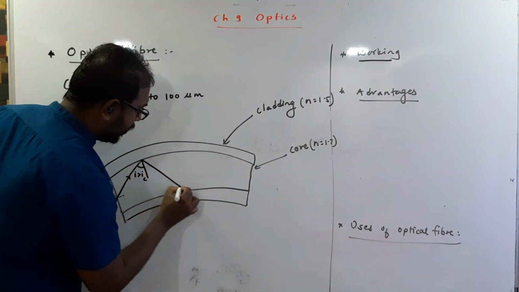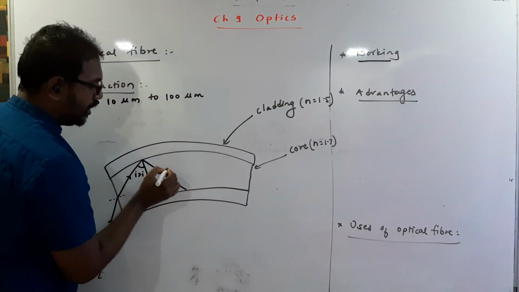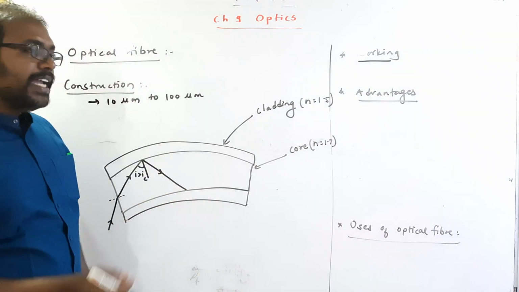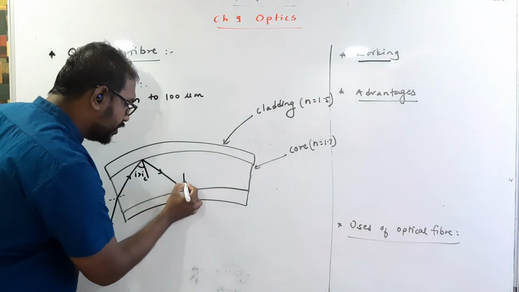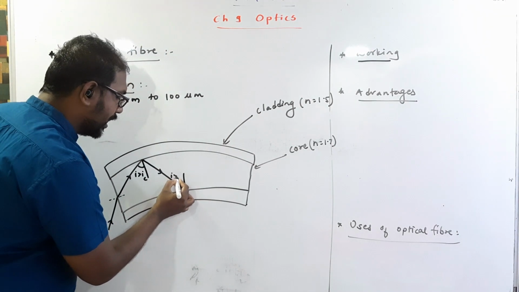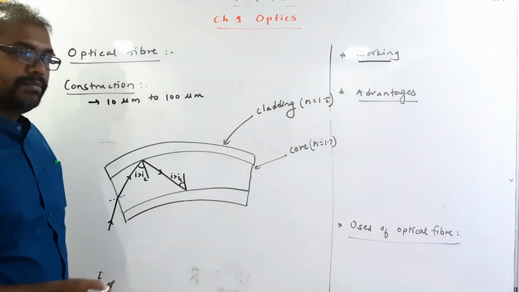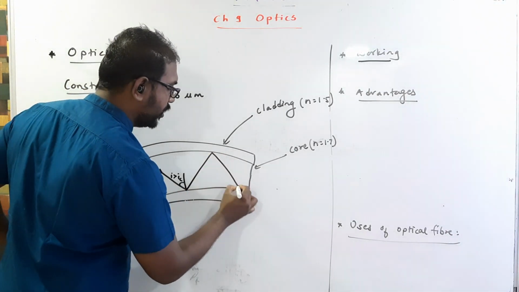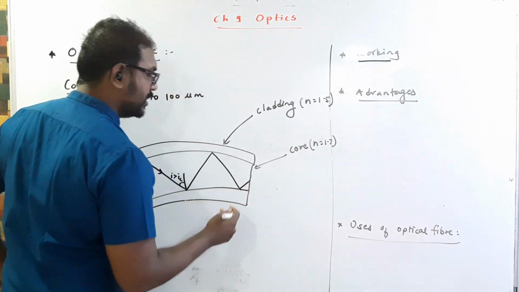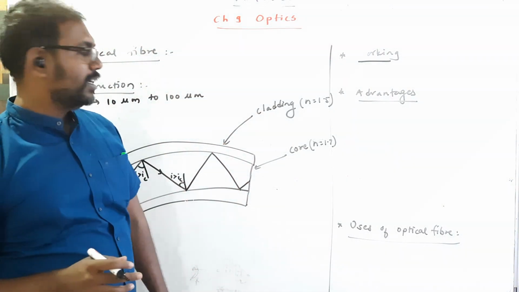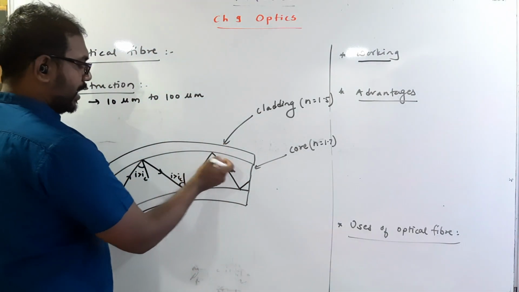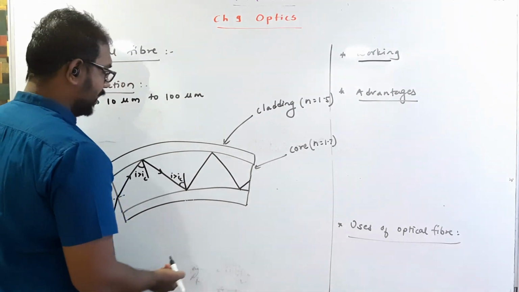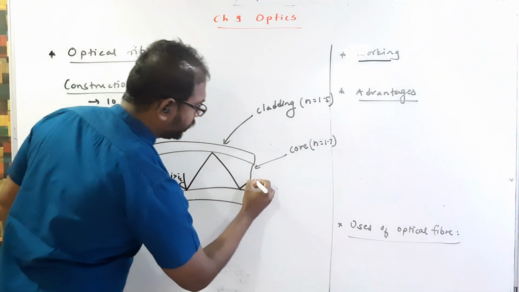This ray is internally reflected and incident on the opposite wall, again with an angle greater than the critical angle. Then again total internal reflection occurs, and this process continues till the light ray emerges from the other end. Everywhere it is incident with an angle greater than the critical angle, that you have to remember.